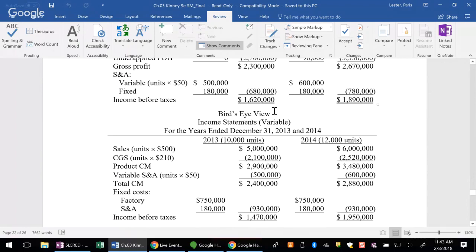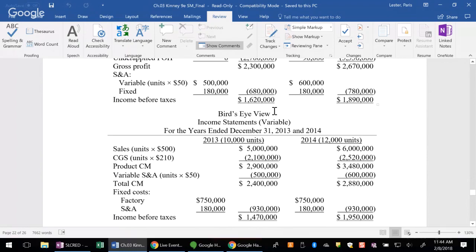They give you 750. So here we have 150, not a million, right? The difference in that income is 150,000. Now, can you see where that 150 comes from? It is the difference between the beginning and ending inventory.